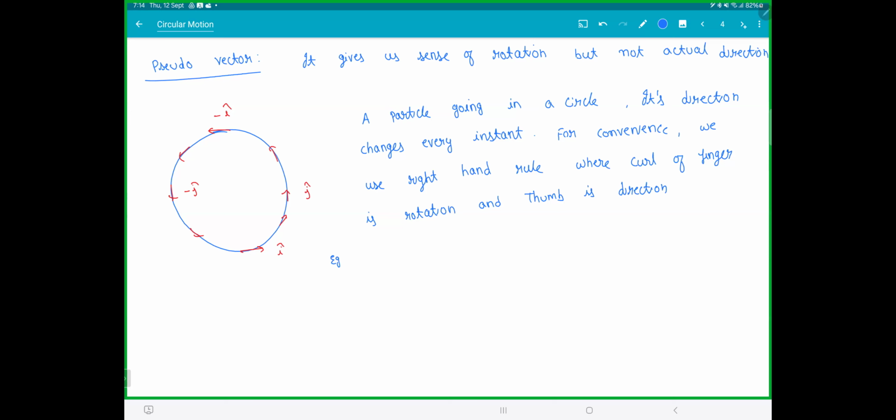Example, let's say this is X, this is Y, and this is Z. Suppose a particle is going like this. You're getting how it is going? This thing is a circle.